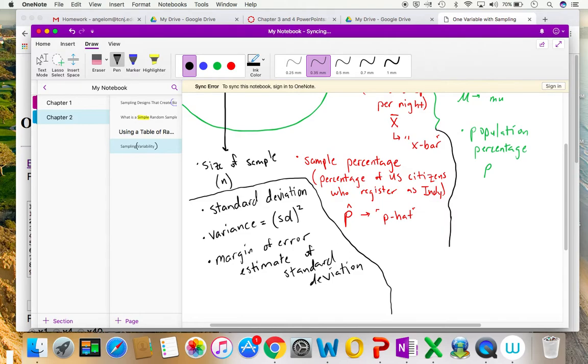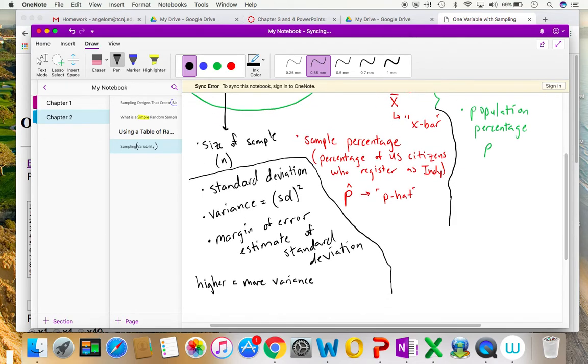The lower the number, the less varied your data or samples are, and the lower your variance is. So higher equals more variance, and lower equals less variance.